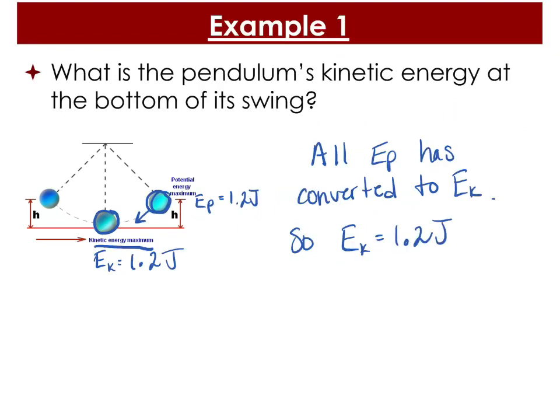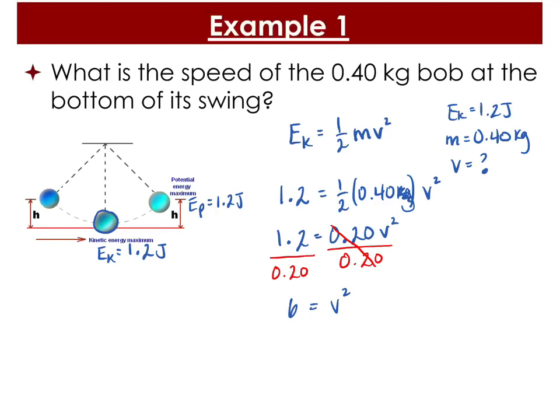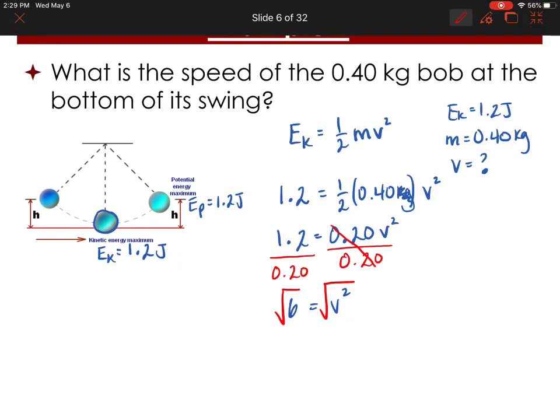In order to get the velocity, anybody remember? I have to square root both sides, because that's what gets rid of the squared on the v. The opposite of squaring is square rooting. So let's do that. What do we get for our velocity? We get 2 point, how many significant digits do we need again? We need 2, we have 2 there, and our previous values had 2 as well.